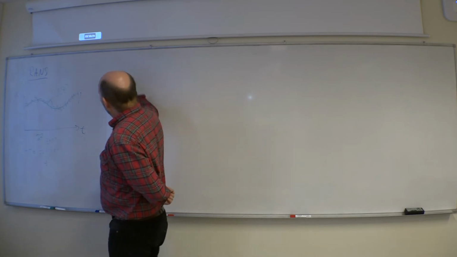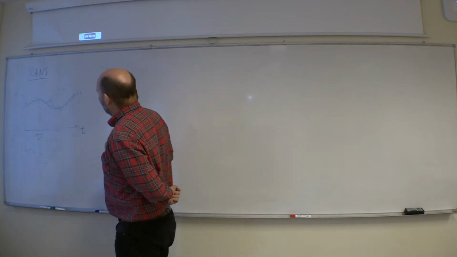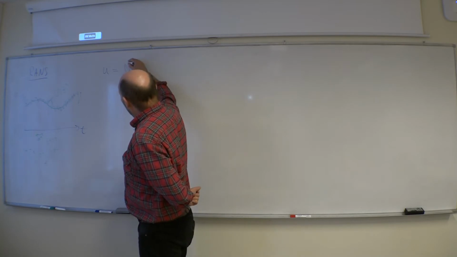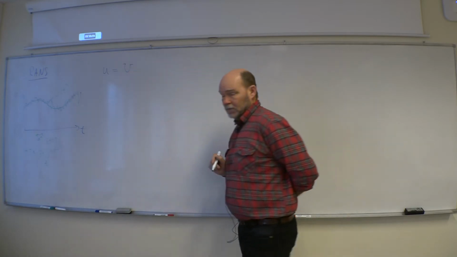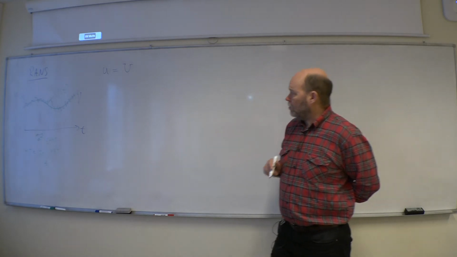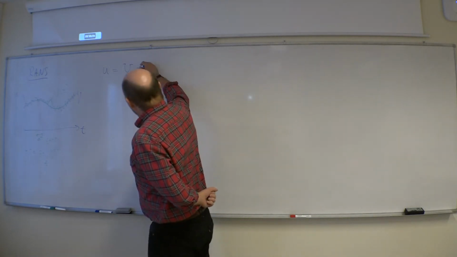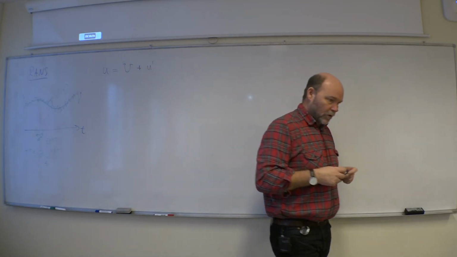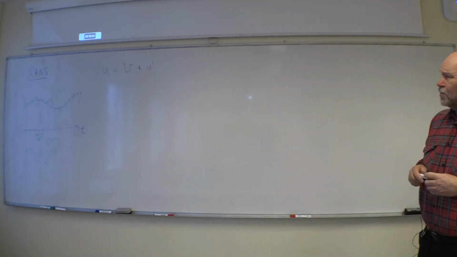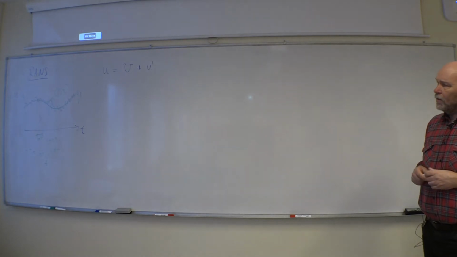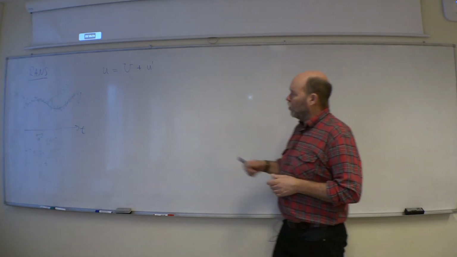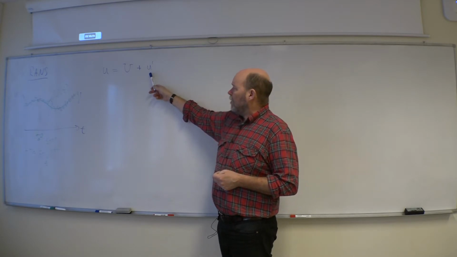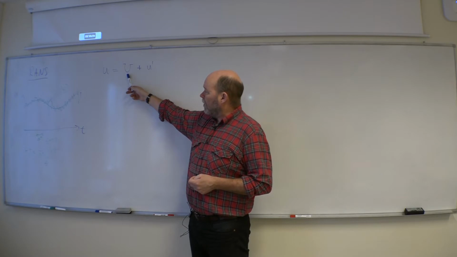What we are going to do is the following. We say that the real velocity u can be split up into the mean part, the average part, plus the fluctuating part. We typically use a little prime to denote the small turbulent behavior that we are not so interested in if we want to find the mean.